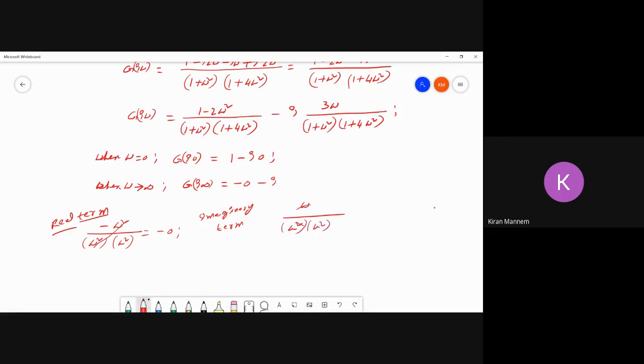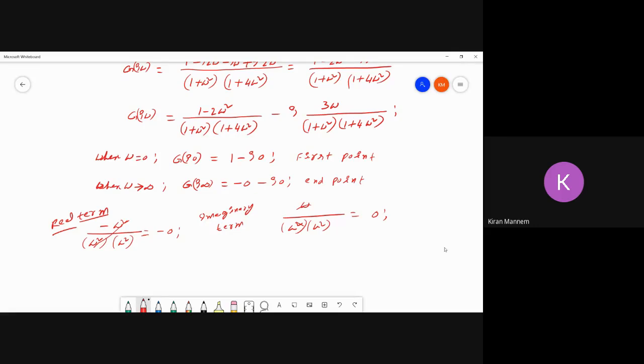So we get again 1 by infinity, it is 0, so it is minus j0. So this is your first point, and this is your endpoint.